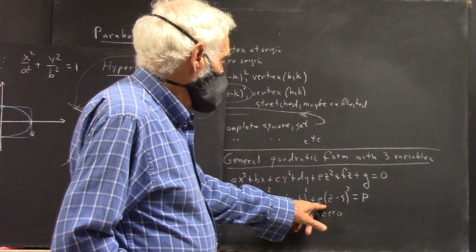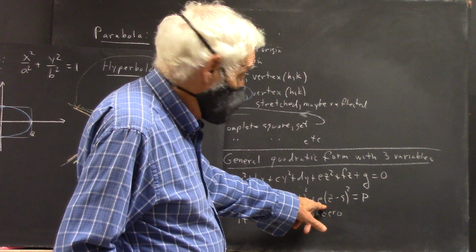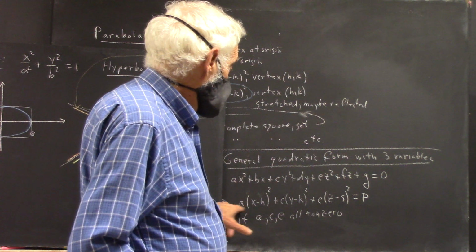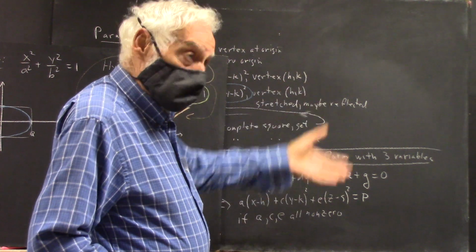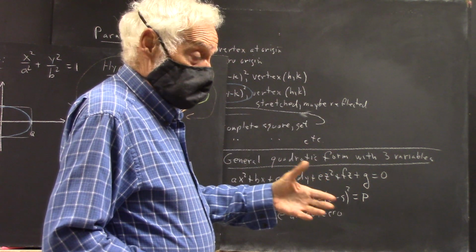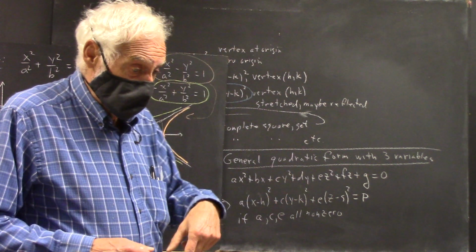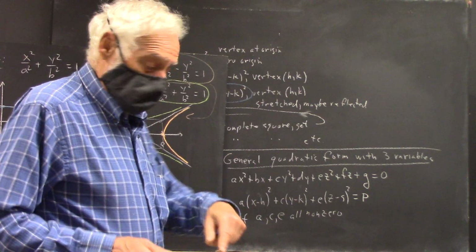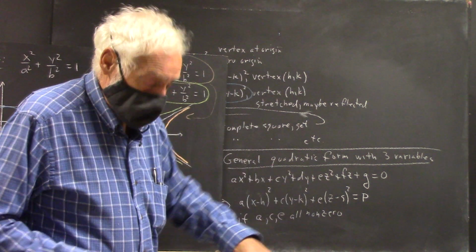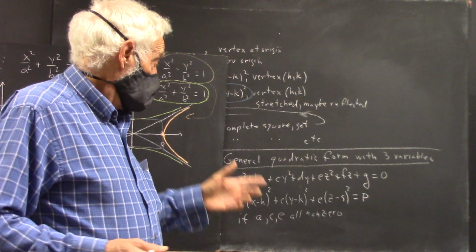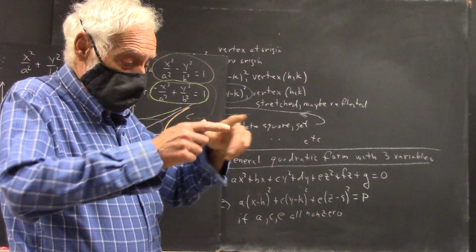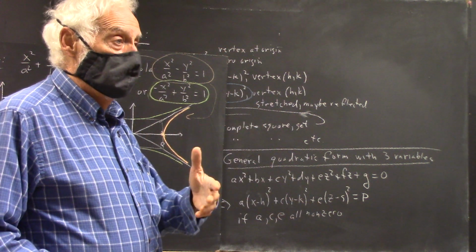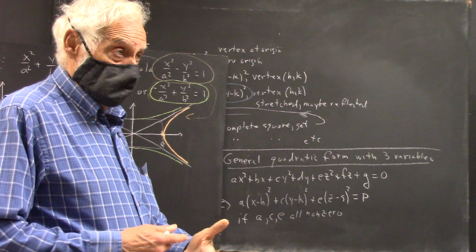Then if E is also positive, then as far as x and z are concerned, you have an ellipse. Well, that means down here in the xy plane, you've got this hyperbola, actually like this and like this. In the xz plane, you would have an ellipse, okay?